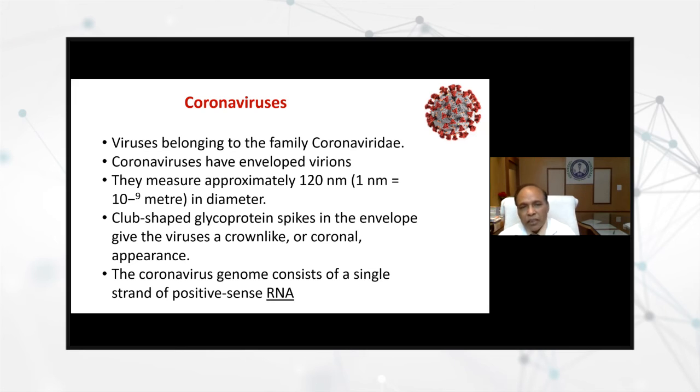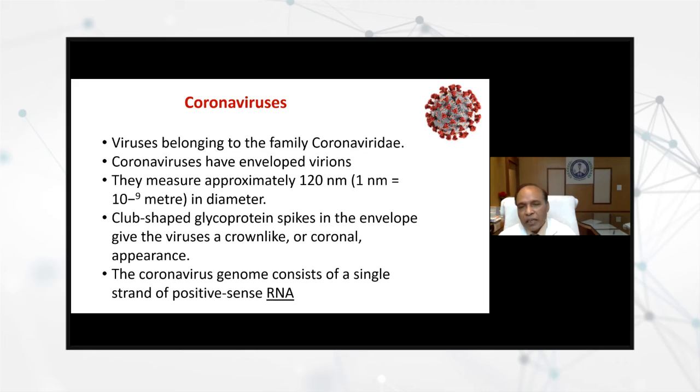There are several members of the coronaviridae we know of, but of course, this one mutated from the SARS coronavirus, and that is why, as many of you must know, it is also called SARS-CoV-2. It is called SARS because it mutated from the SARS coronavirus, so it is called SARS coronavirus 2.